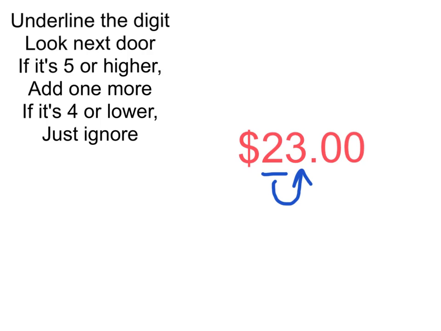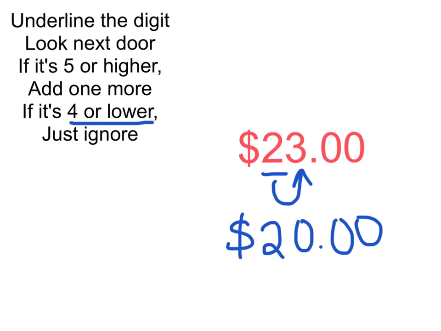Nope, not 5 or higher. If it's 4 or lower, just ignore. And it is 4 or lower, so we're going to ignore, which means we keep the underlined number the same and make all the rest of the numbers zeros, even the 3. So when we round to the nearest $10 for this one, we round to $20.